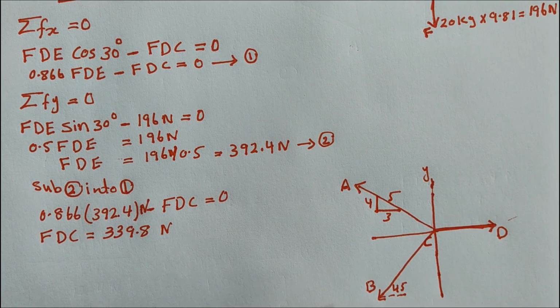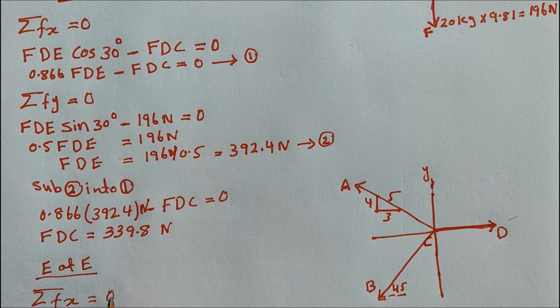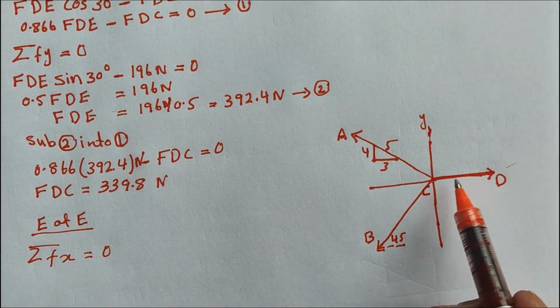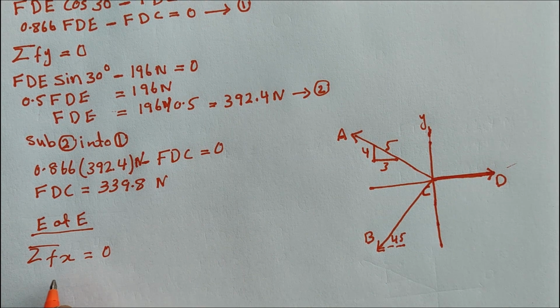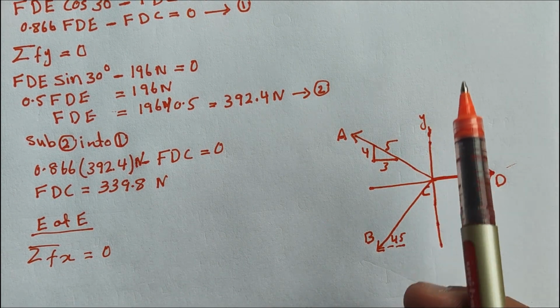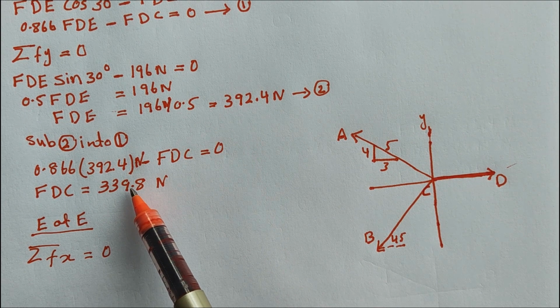So basically this is our free body diagram. Again, we apply the equations of equilibrium. So the sum of forces on the x-axis should equal 0, and the forces on the x-axis we have on the positive x-axis FCD, which we just found to be 339.8.